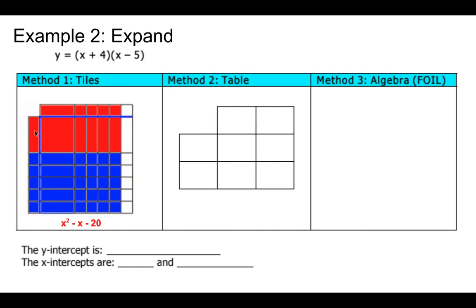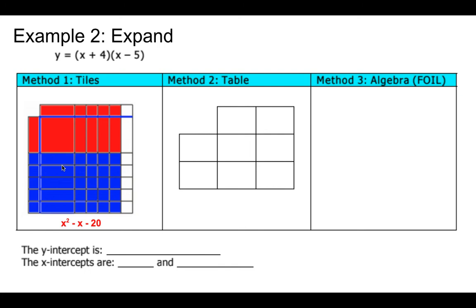So this is going to be your x term, and then we have negative 5, so it's blue. So 1, 2, 3, 4, 5. And then to figure out what your answer is, you're just going to count up how many tiles of each type you have. So remember, the big squares are the x squared tiles, and we have one of those, so 1x squared. Now, if we count up the x tiles, those are the rectangles, we have 1, 2, 3, 4 positives, but we have 1, 2, 3, 4, 5 negatives.